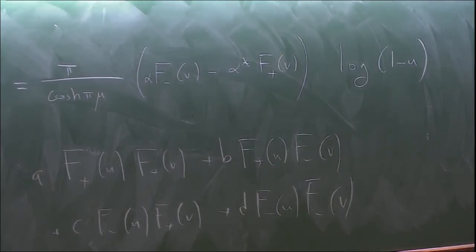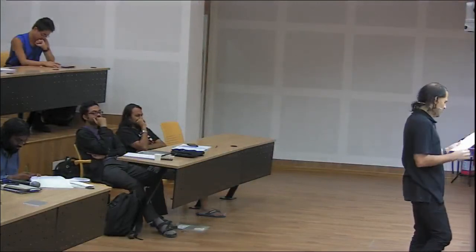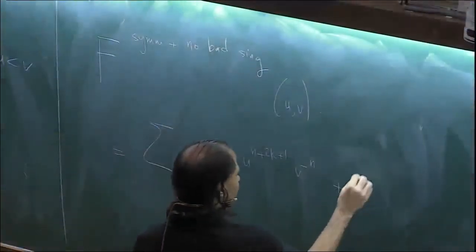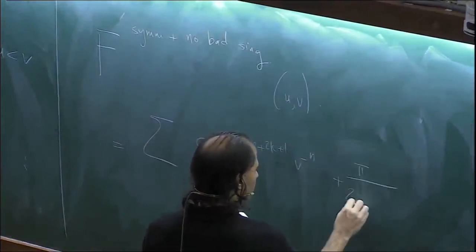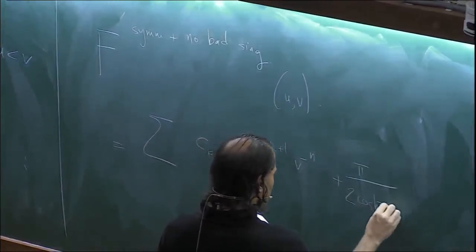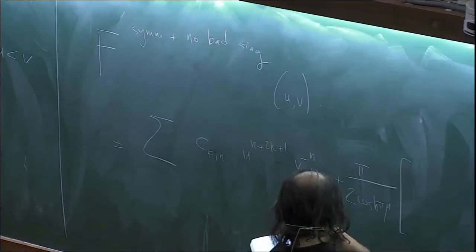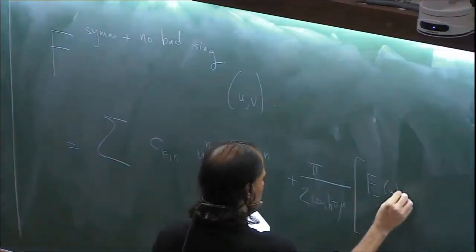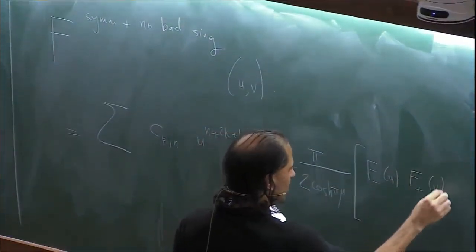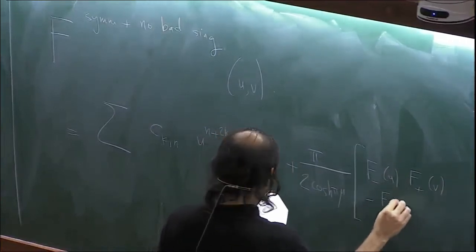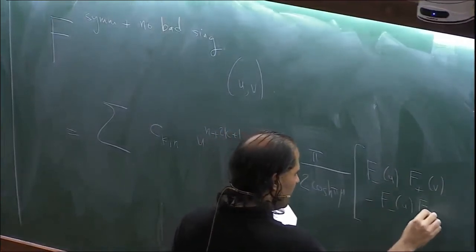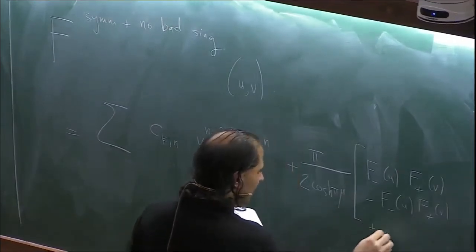of u and v is equal to the sum of ckn u to the n plus 2k plus 1, b to the minus n, plus, and it's the following cool thing, pi over 2 cosh pi mu, f minus of u, f plus of v, minus f minus of u, f plus of v, plus alpha star over alpha.